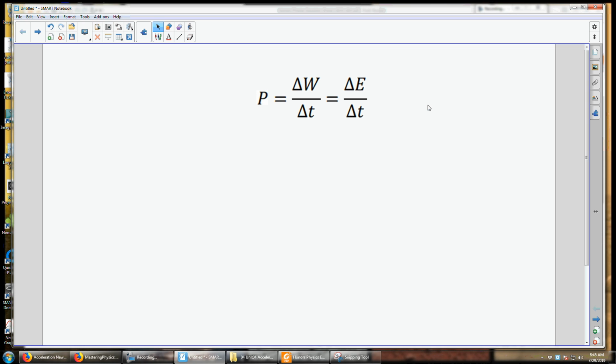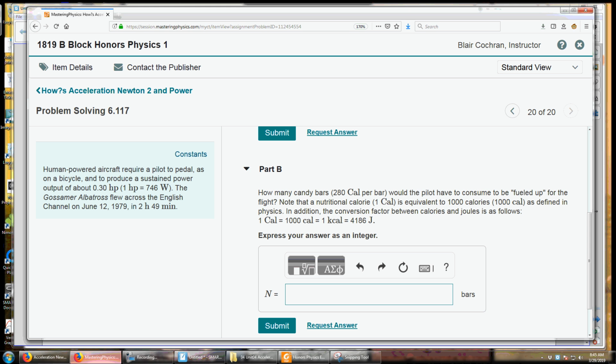That's what makes it that rate, right? It's something over a change in time. So it's something compared to something else that makes it a rate, a change compared to a change. So if I look here, they tell me the power that is needed. It's 0.3 horsepower, and each horsepower is 746 watts.